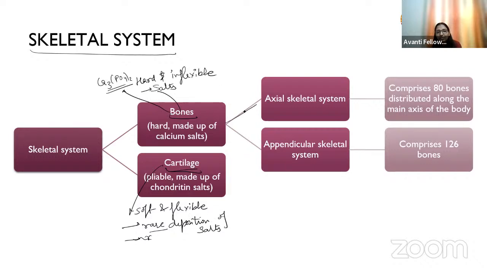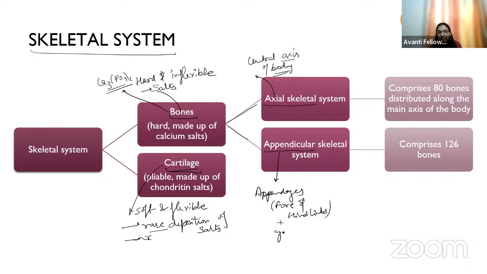Now, bones are further divided into two systems. One is the axial skeletal system. Axial means which form the central axis of the body. The axial system is the one which forms the central axis of the body, and the appendicular skeletal system is that which forms the appendages, like forelimbs or hind limbs, plus the girdle.